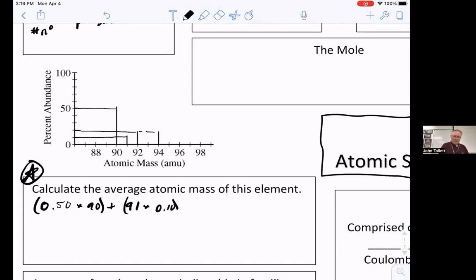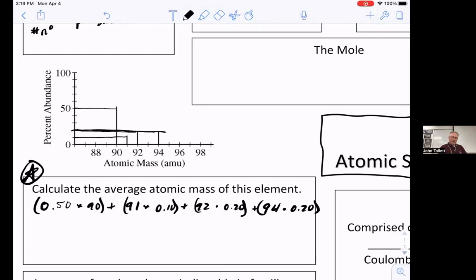So 91 times 0.10. And I'm going to add to that 92 times, let's use a dot to do the times, 0.20. And then I'm adding to that 94 times 0.20 as well. I'm saying that those two both have the same percent abundance.